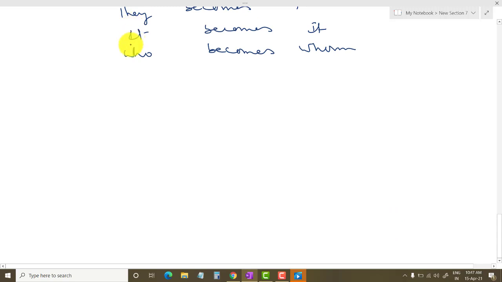After that, the tense chart. It means how we use the tense chart in passive voice.